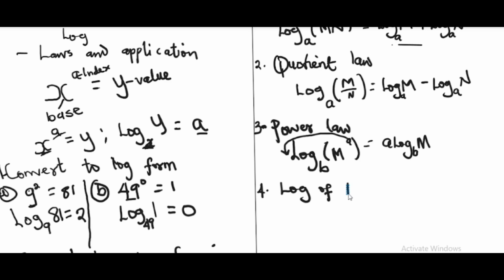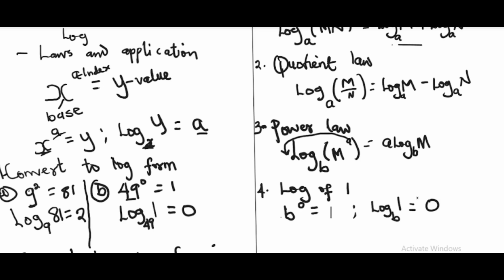Now this log of 1, remember in indices we said that anything you raise to the power of 0 is 1, right? So if I am to rewrite this in log form, what would that be? It would be that the log of 1 in base b is equal to what? 0.